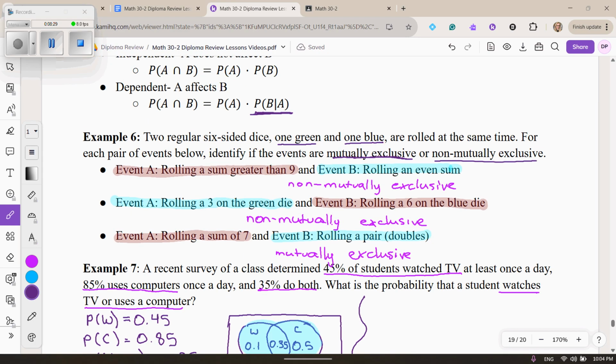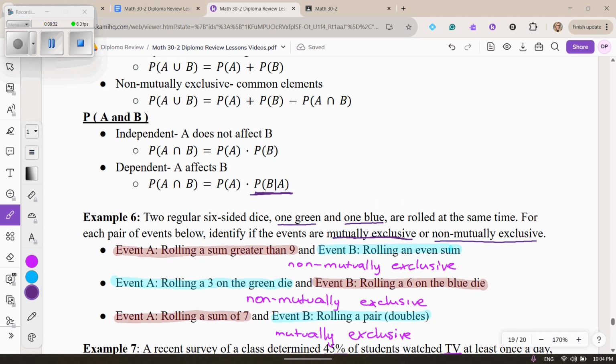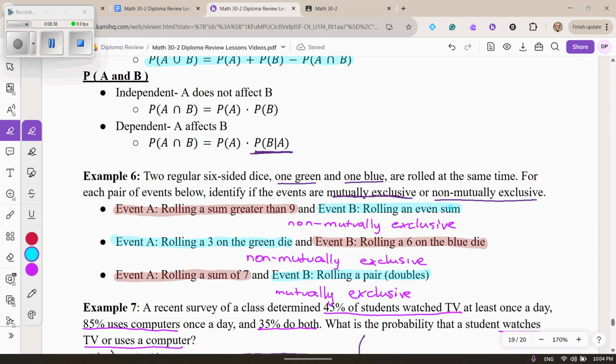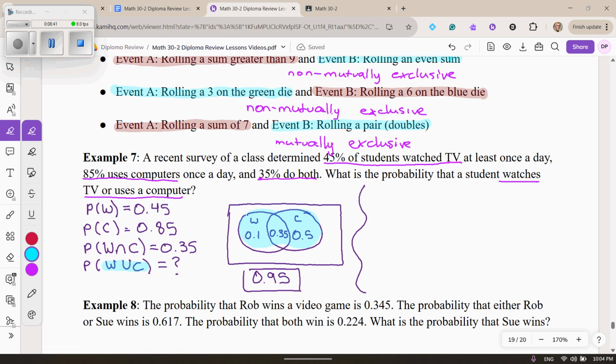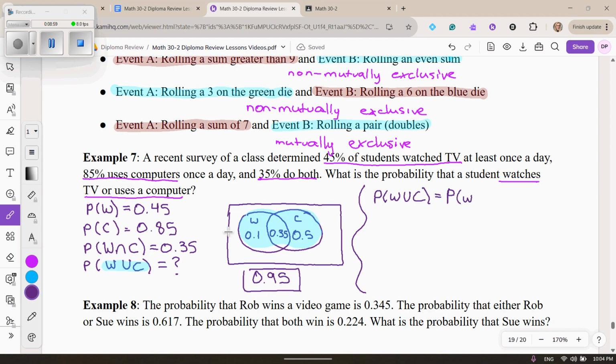Okay, let's try the formula now. We're going to be using the probability of A union B equals the probability of A plus the probability of B minus the probability of A intersect B. When I fill that in with W and C, we would say the probability of W union C equals the probability of W, watching TV, plus the probability of using the computer minus the probability of W intersect C, doing both.